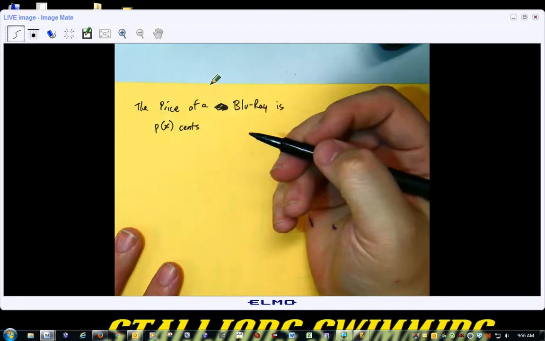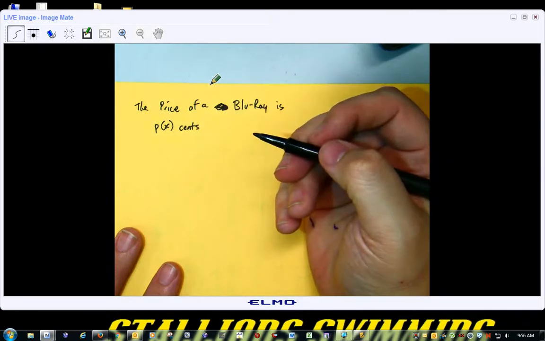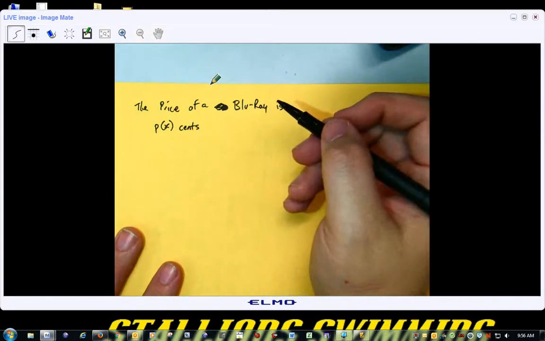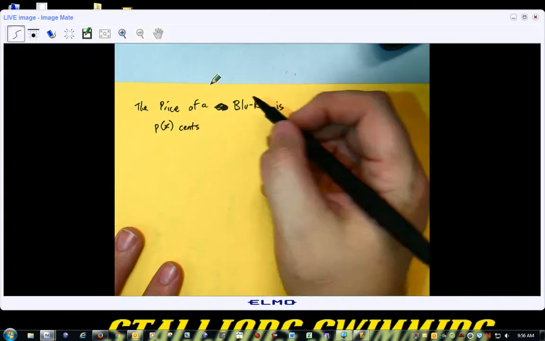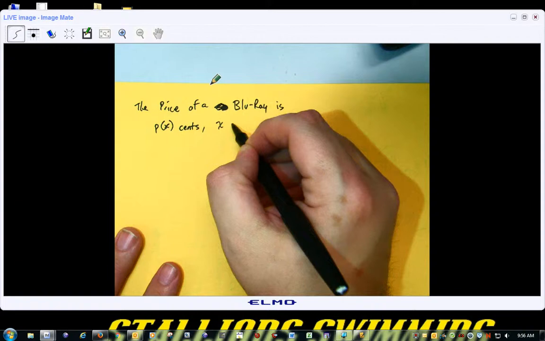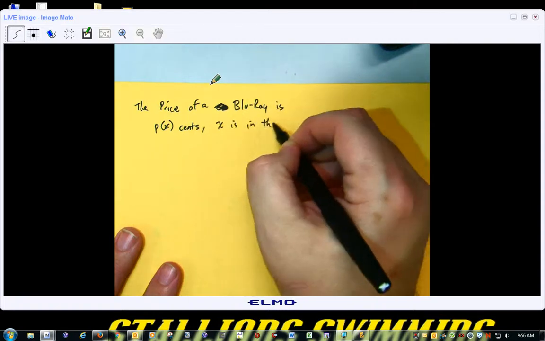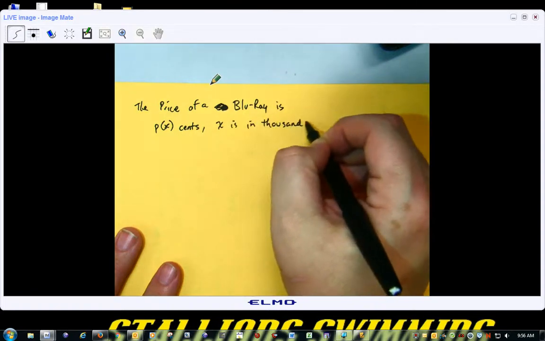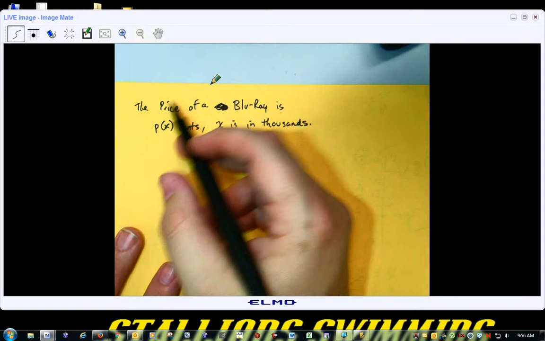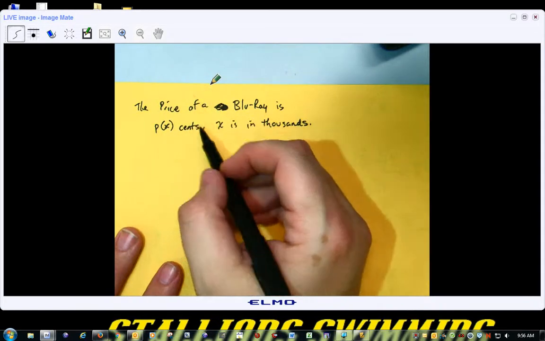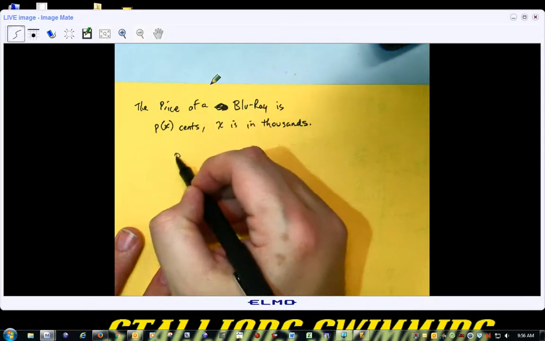Oh. So you get P of X cents. X is in thousands. Now, let's say that in a certain city, P of X was equal to 25 minus X over 10.